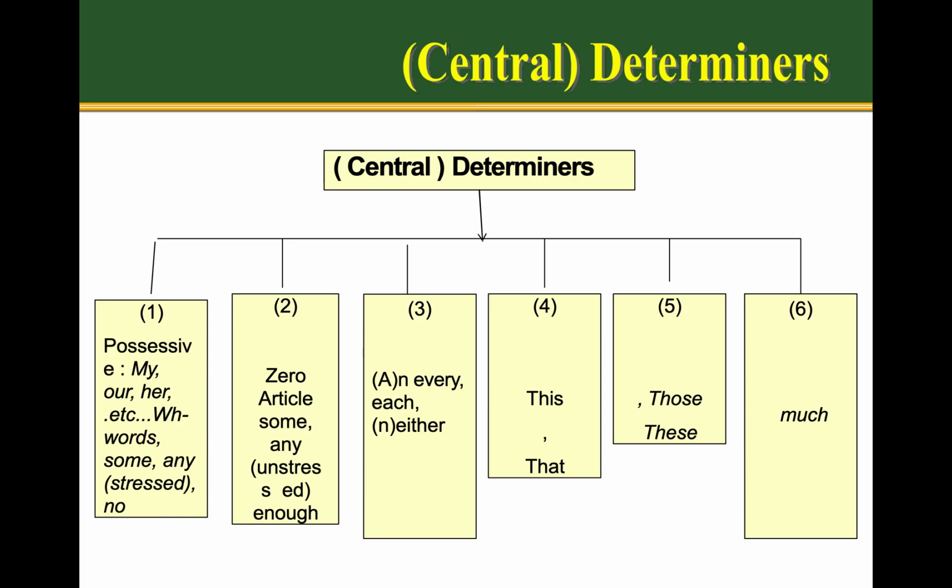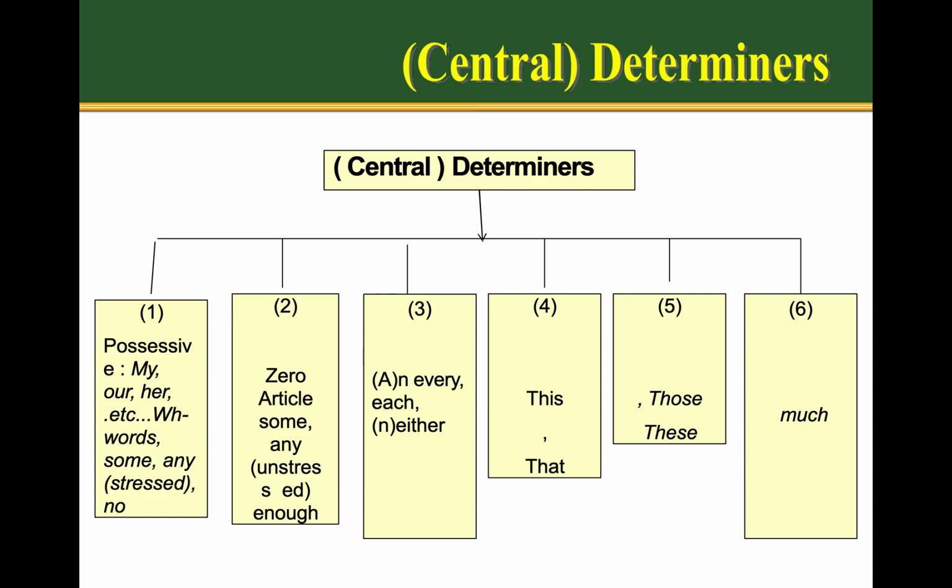So let's talk about central determiners. Central determiners can be categorized into six types. The first one is the possessive nouns or possessive pronouns: my, our, her, etc., or WH words like who, whom, whose, or some, any, stressed, and no. The second type is the zero article: some, any, unstressed, and enough.